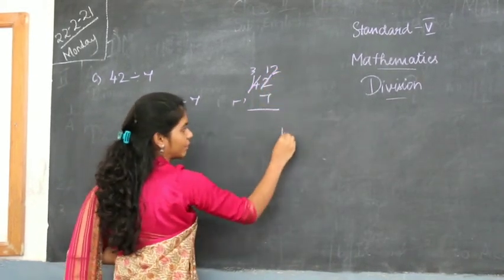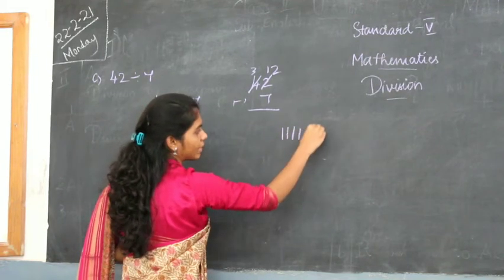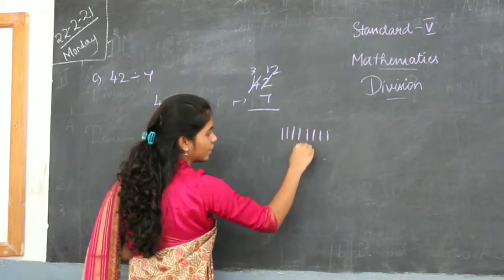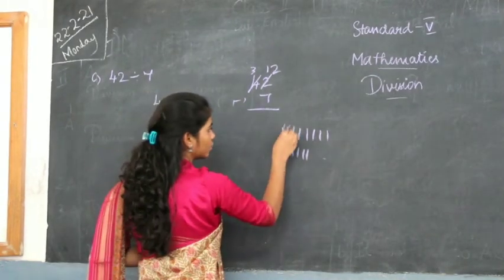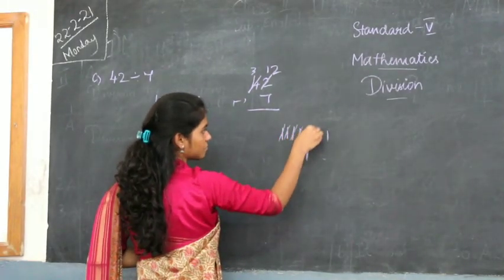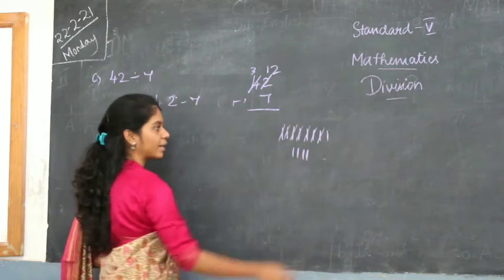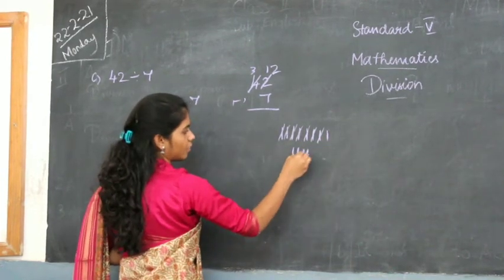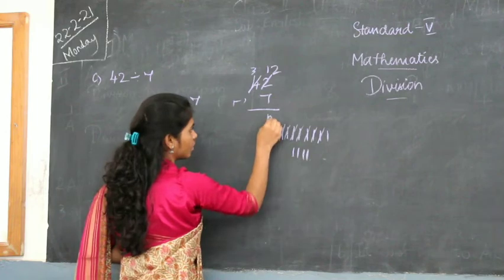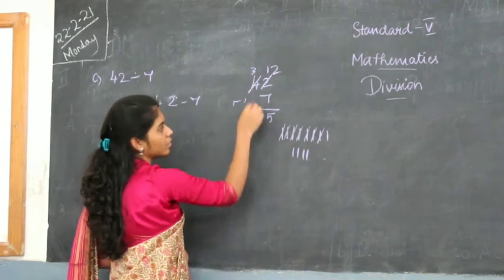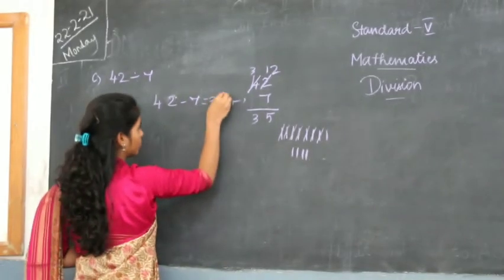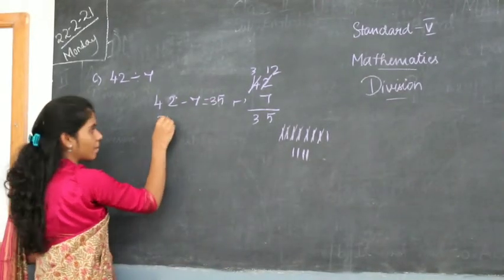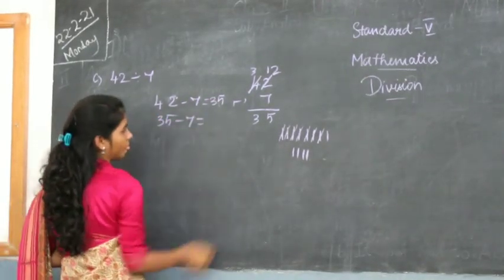So 12 minus 7: 1, 2, 3, 4, 5, 6, 7. How much is remaining? 1, 2, 3, 4 and 5. So 5 and 3, you got 35. So 35 minus 7.